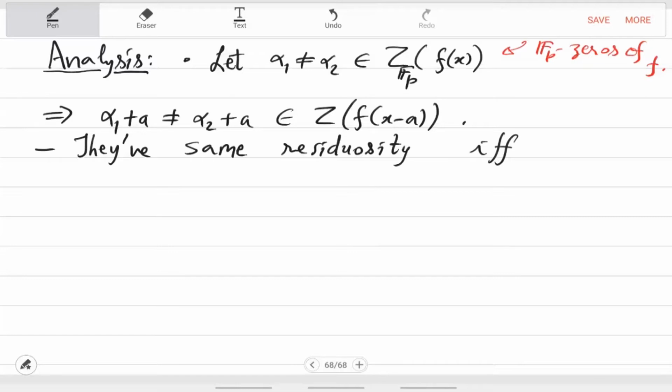So what is the equation for that? Alpha 1 plus a to the (p minus 1)/2 is the same as alpha 2 plus a to the (p minus 1)/2. Right. So when you raise it to the power (p minus 1)/2, you get the same sign, plus or minus 1.